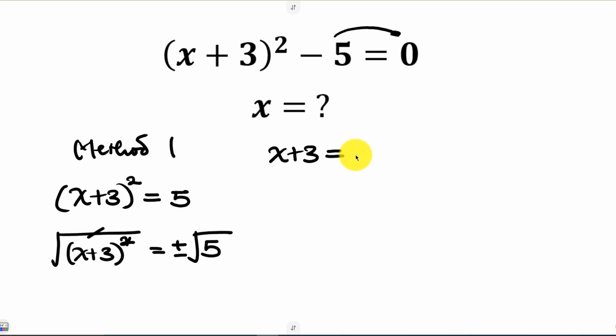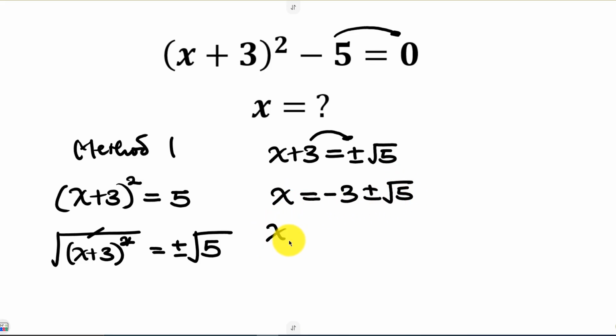And this is equal to plus or minus the square root of 5. Now to get x alone, we have to move 3 to the right. So we have x equal to, as 3 crosses to the right, it becomes −3, plus or minus the square root of 5.